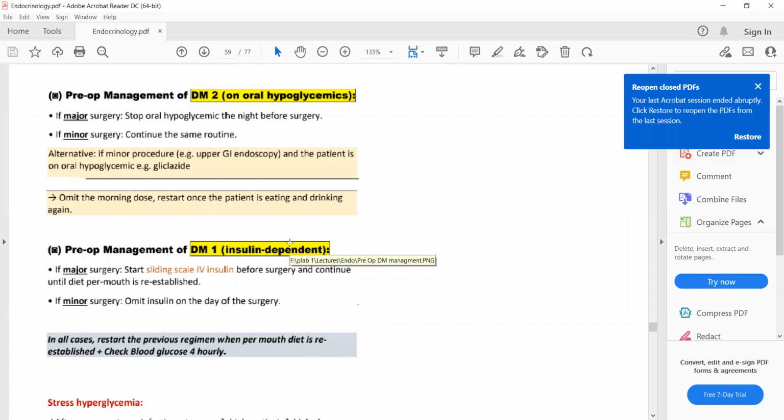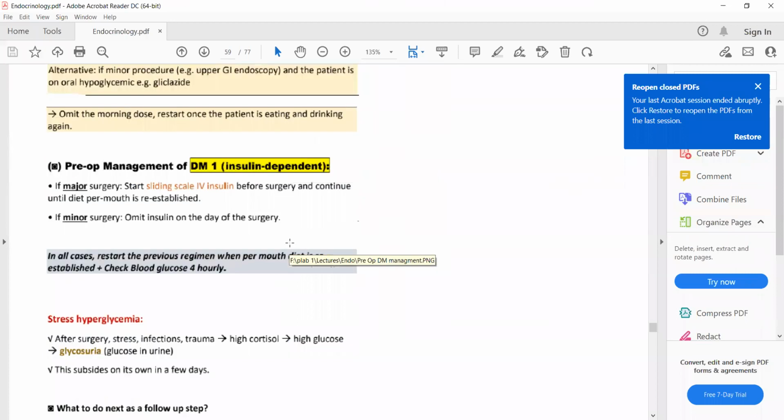Their release is increased in stress conditions. Because all of them cause hyperglycemia, stress such as surgery and infection can sometimes cause hyperglycemia and glycosuria, which is a totally normal response.